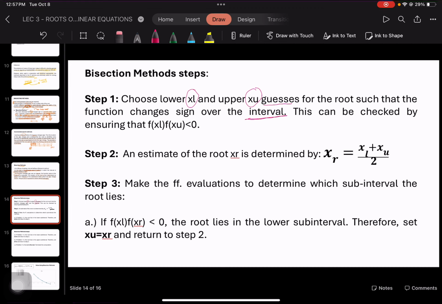And ma-check natin yan if the product of f of xl and f of xu is negative or less than 0. After doing step 1, step 2 is provide ka na ng estimate of the root which is determined by the average of xl and xu. Then step 3, you make the following evaluations to determine which subinterval the root lies in. Okay, so ito yung mga evaluations natin.